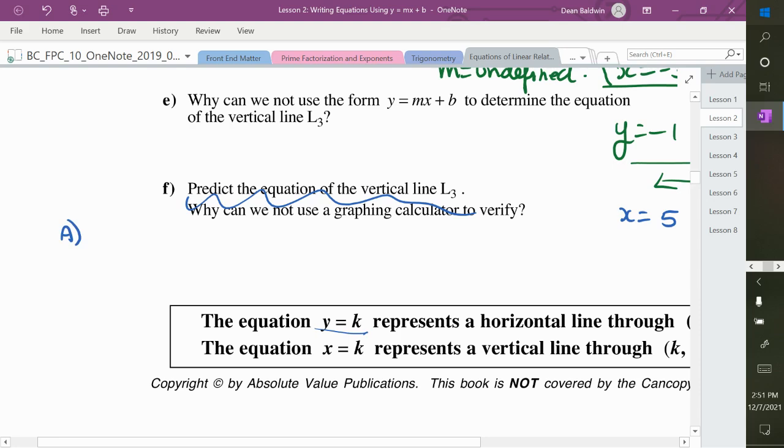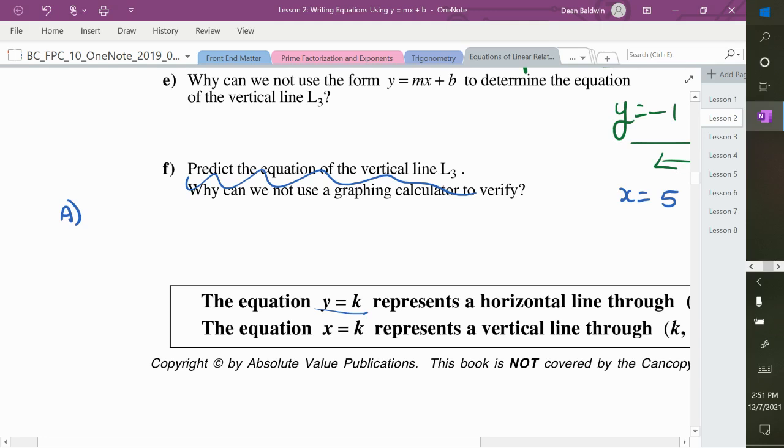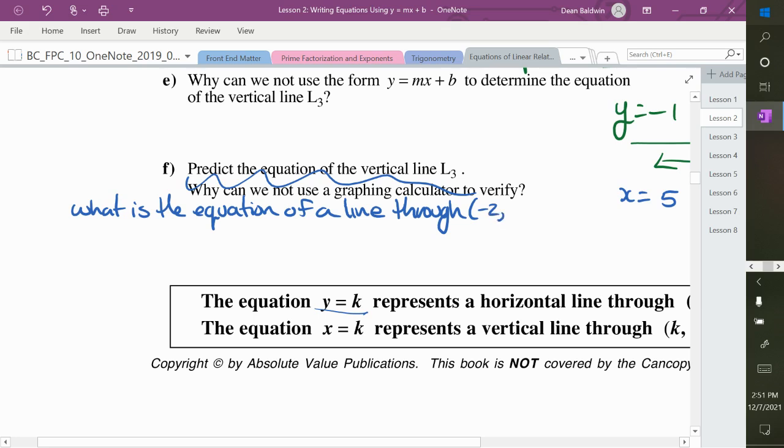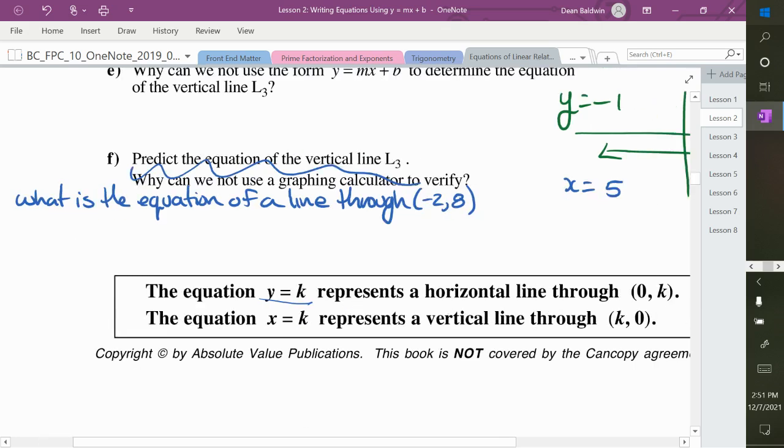What is the equation of a line through the point -2, 8, and we'll do two parts.